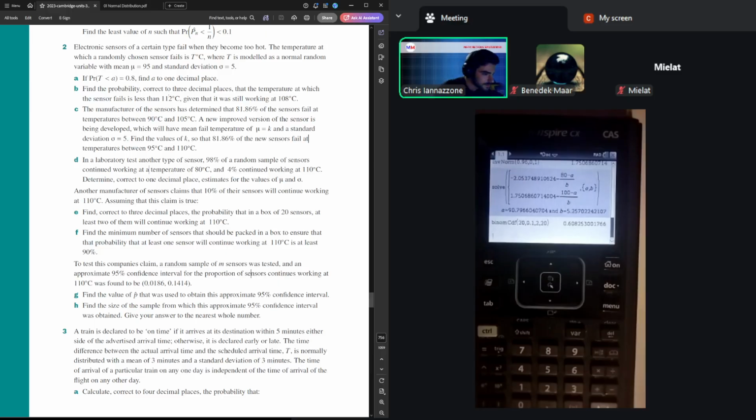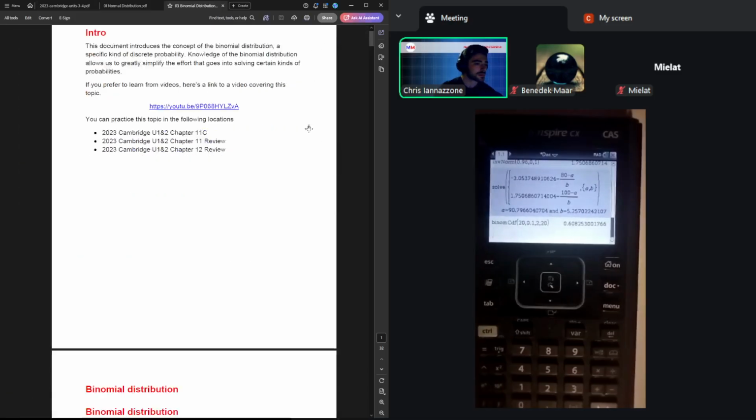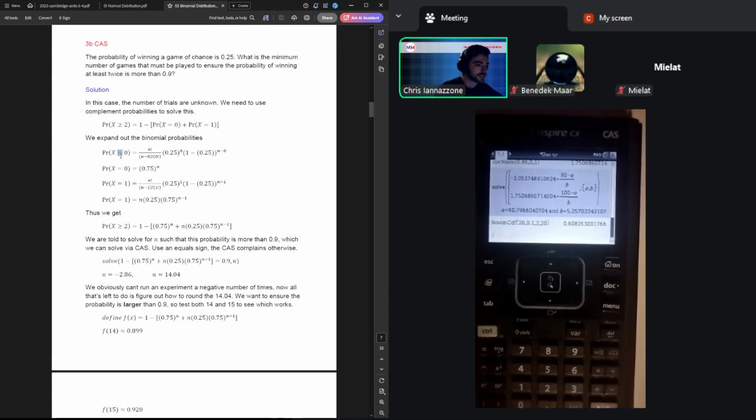Okay. Where were we? Yeah, so you could create an equation to try and solve this. It's not overly pleasant. I'll show you just briefly what that would look like. This will be in binomial. That's what it'll end up looking like.